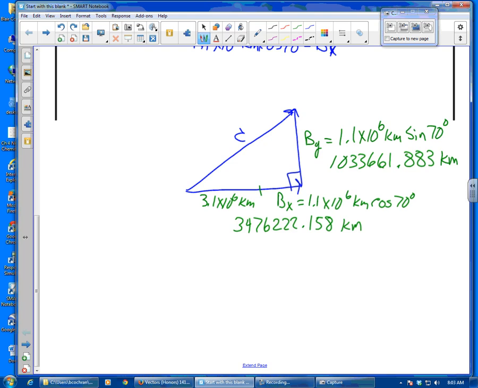Now, how many things are there to know about a triangle? Well, let's see. How many sides are there to a triangle? 3. How many angles? 3. Is there anything else?